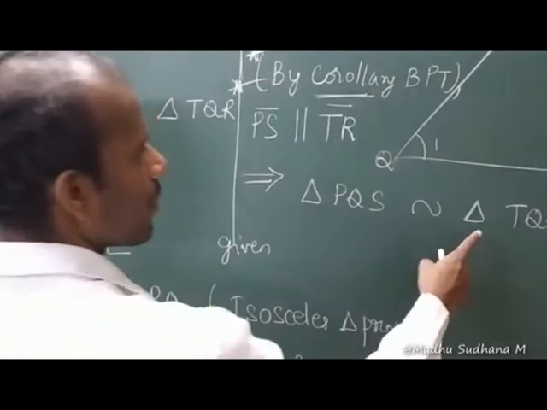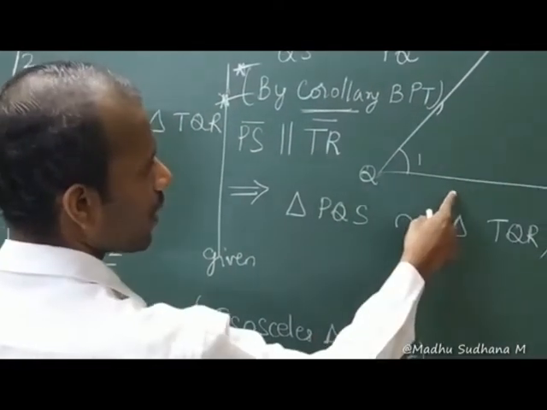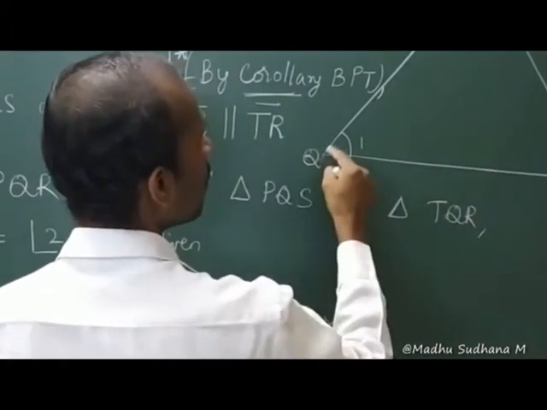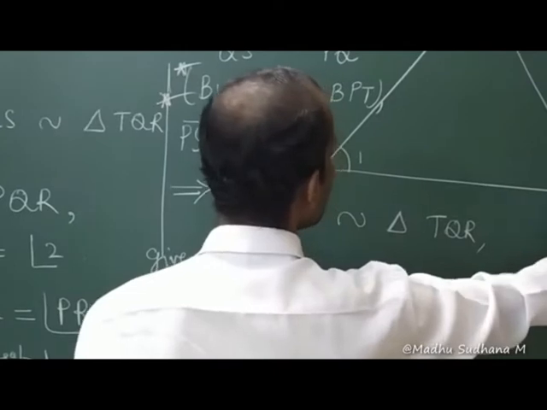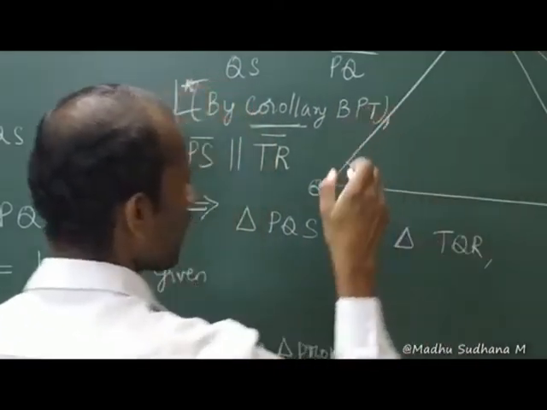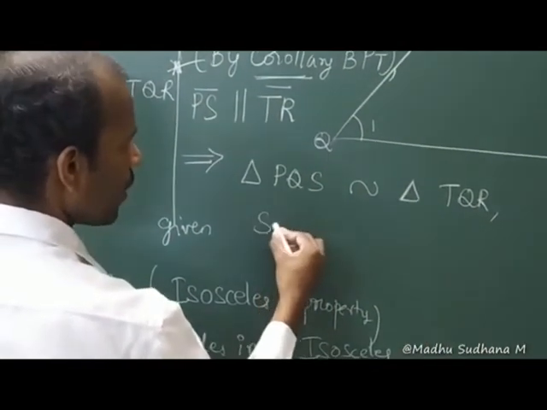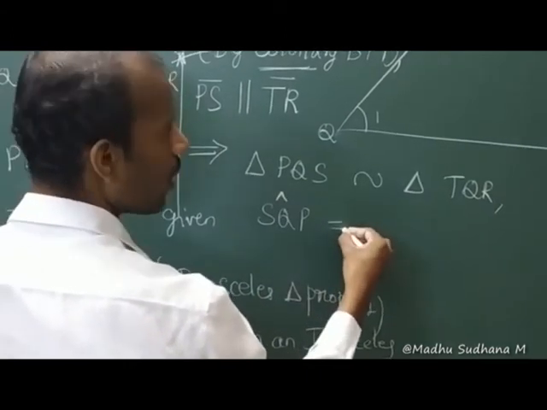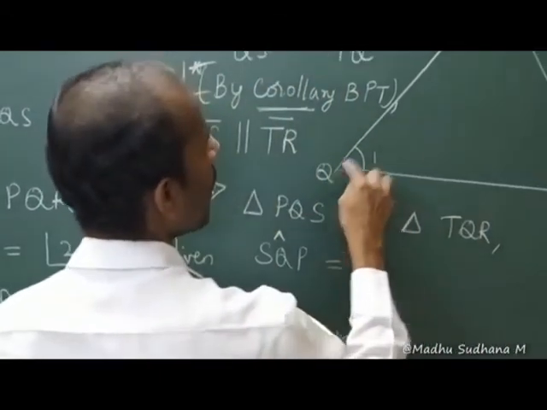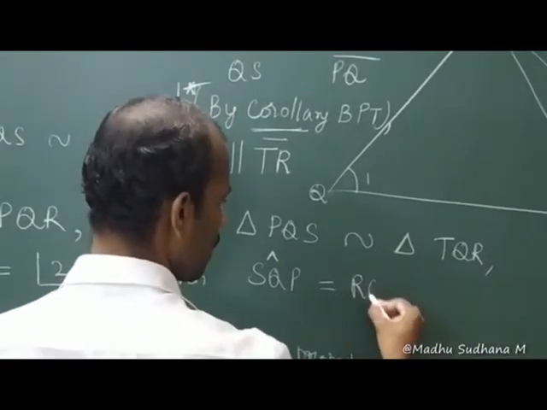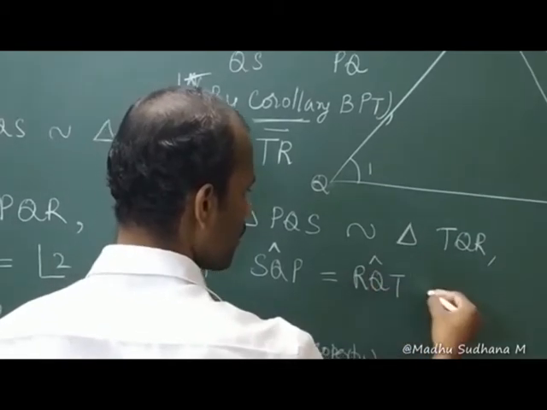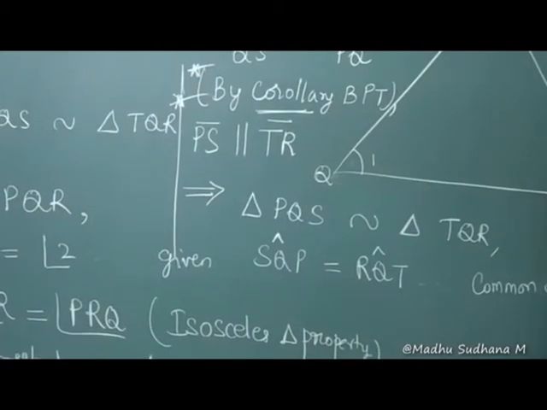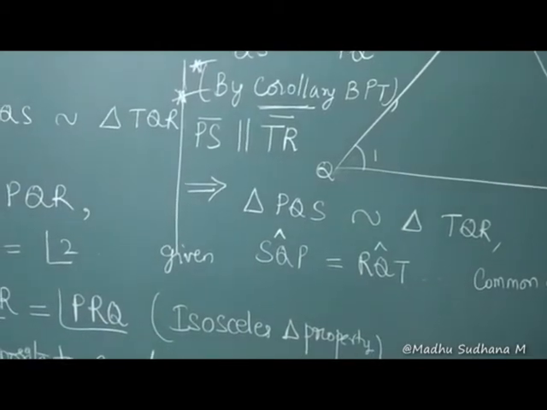Also we can observe one more important note for this diagram. This angle 1 is common for triangle SQP and triangle RQT. So I can write angle SQP is equal to angle RQT. This is one common angle 1.